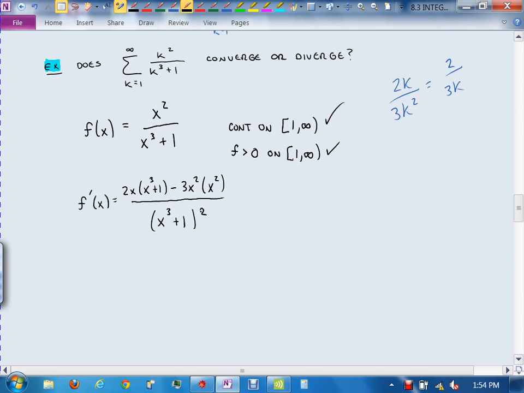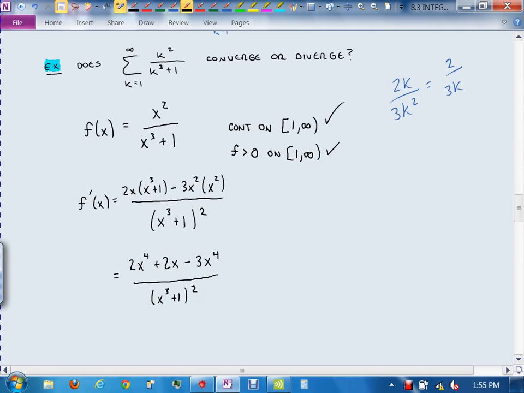So let me try, do you want to multiply things out here? Let me just multiply that whole numerator out. It's 2x times x to the fourth plus 2x minus 3x to the fourth. Is that right? All over x cubed plus 1, squared. I'm not even concerned about the denominator, right? I mean, my denominator is always going to be positive, isn't it?